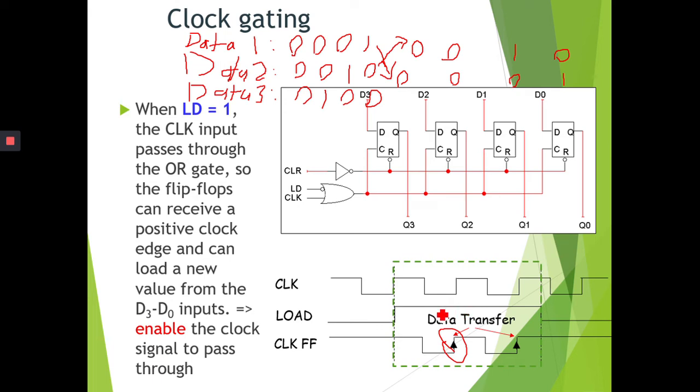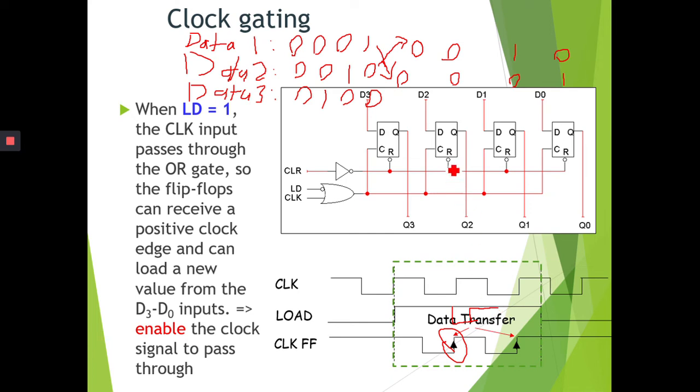Let's go into scenario number one. Say the load signal is high here, low here, low here, and then high here.